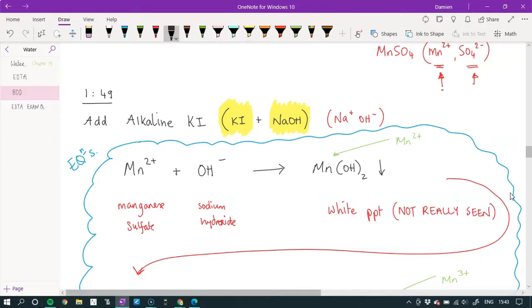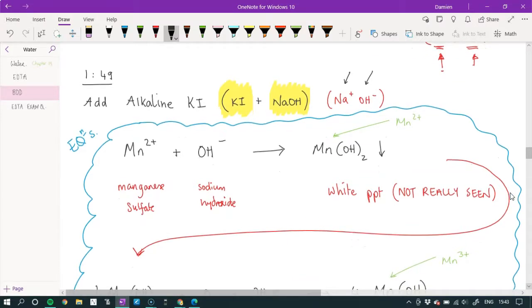Now again, remember a couple of things. Your NaOH, when it's put into solution, will release Na+ ions and OH- ions. The same thing would happen with the potassium iodide. So let's see what happens. Remember what we've got. We've got Mn2+ now in the water, which comes from your manganese sulfate.